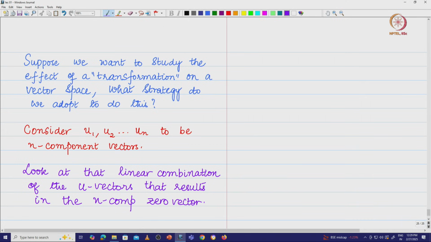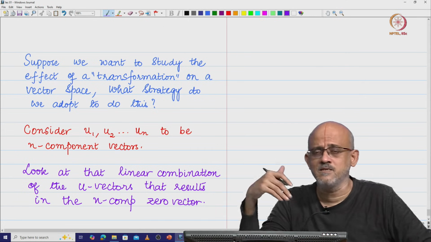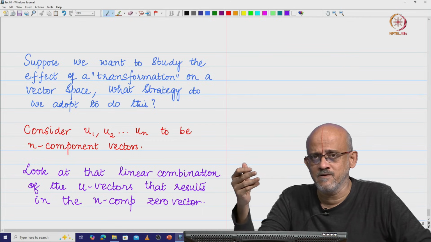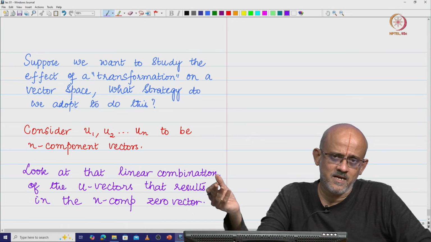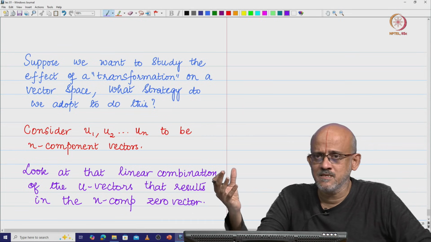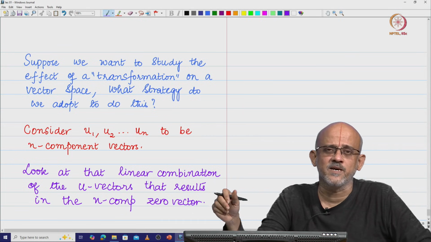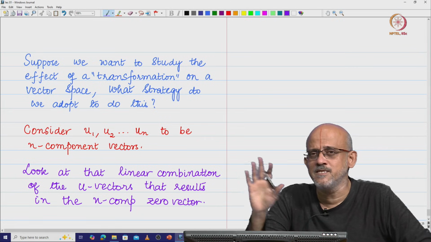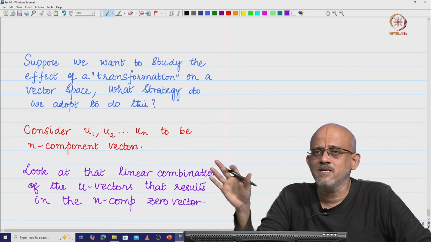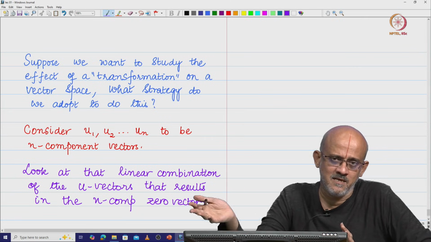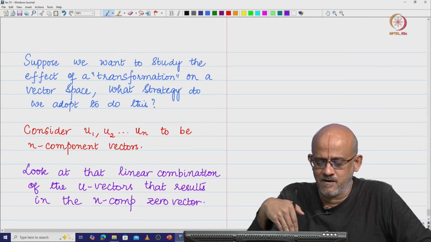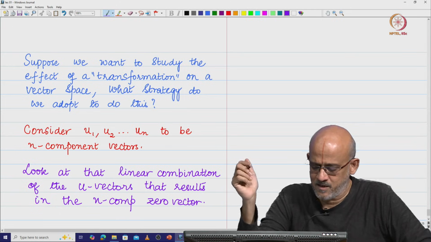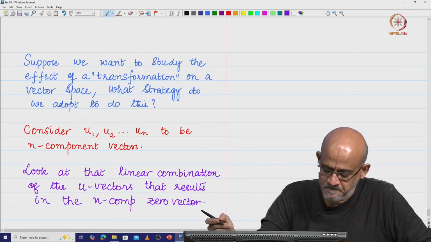That means my destination is pretty clear. I am not looking for a linear combination which gives any random vector as the output, but I want the linear combination of the vectors such that it results in the 0 vector. I want the right hand side to be the 0 vector. What are the various combinations that can result in the 0 vector if you look at the linear combination of these vectors u1 to un? This is what I am going to do right now.